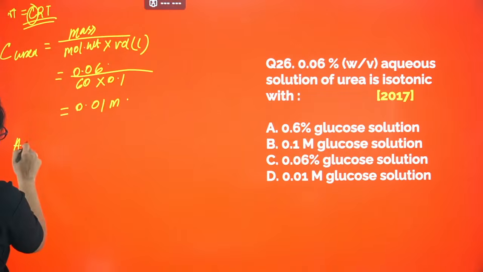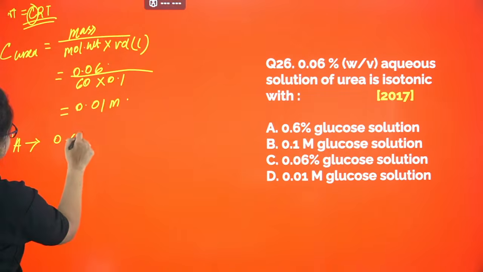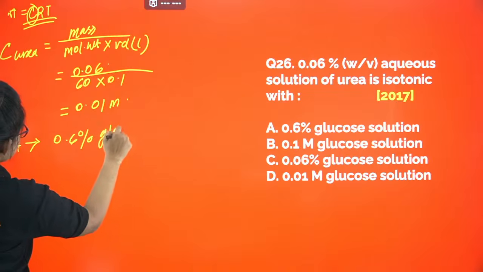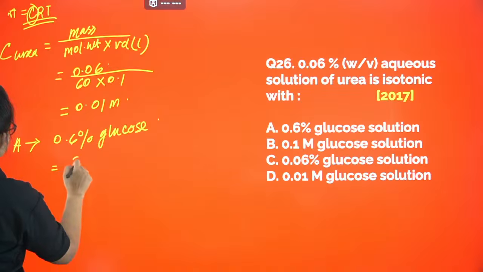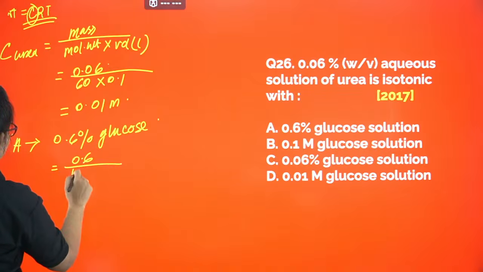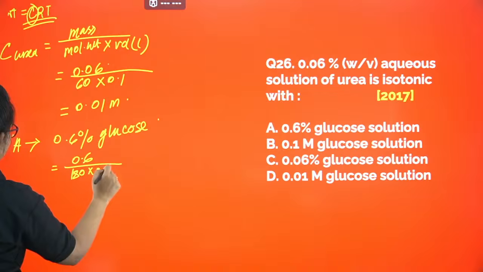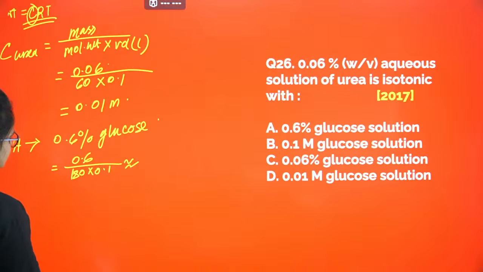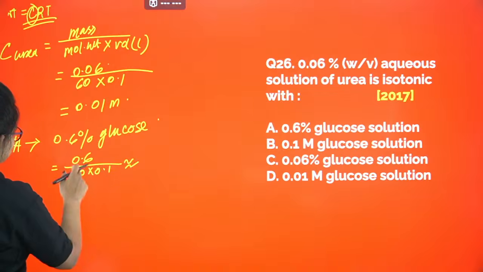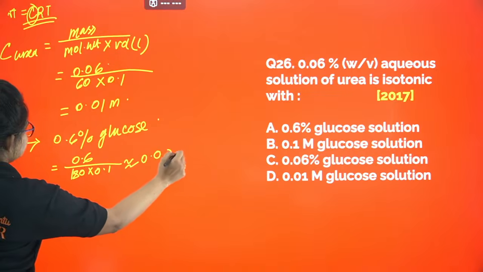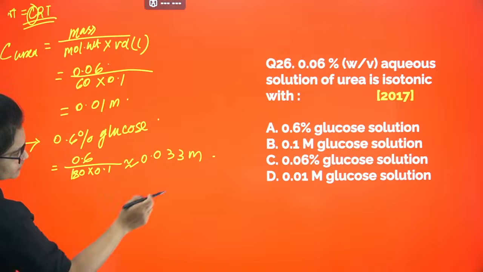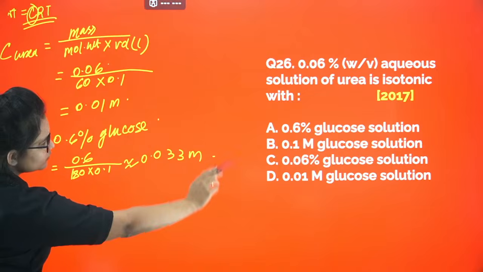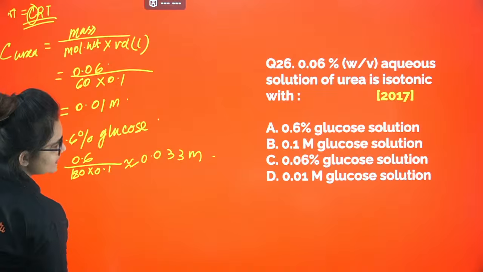Now we will see one by one. Option A is saying 0.6% glucose. That means 0.6 divided by molecular weight into 0.1, which gives almost 0.033 molar. So they are not similar. Let's proceed with option B. Option B is directly given in molarity, 0.1, that is also not matching.